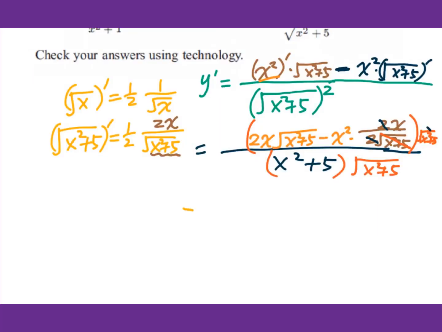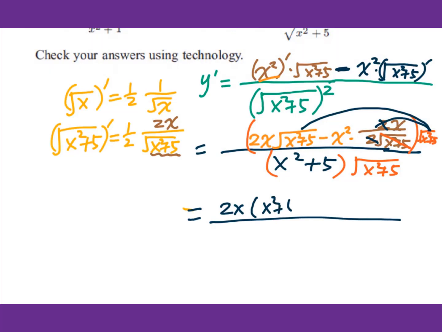Don't forget to do the distributive property here. So you will get the 2x times (x squared plus 5). Since the denominator is gone, you have x squared times this x. You will get the x to the third power. Denominator, you will get x squared plus 5, then square root x squared plus 5.